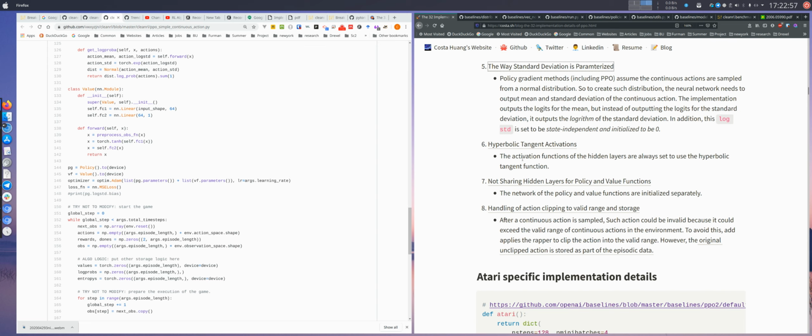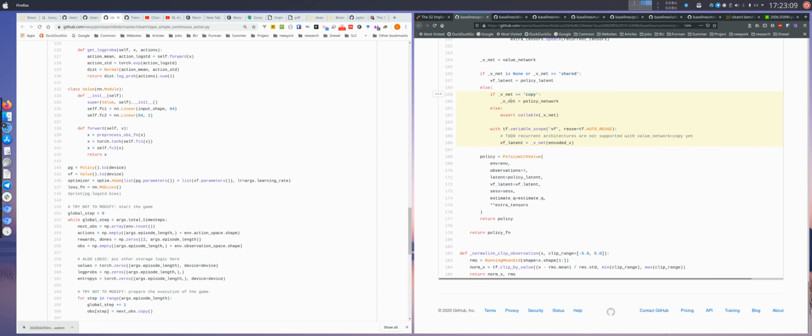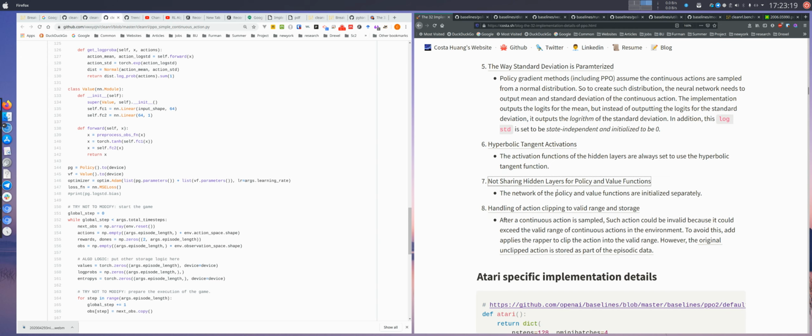And then there's also the use of hyperbolic tangent activation for the hidden layers. Also, interestingly, when you use it for the MuJoCo domains, you're not sharing the hidden layers between the policy and the value function. Instead, you're creating a value function with the same architecture from scratch.